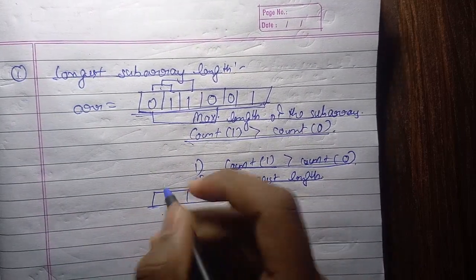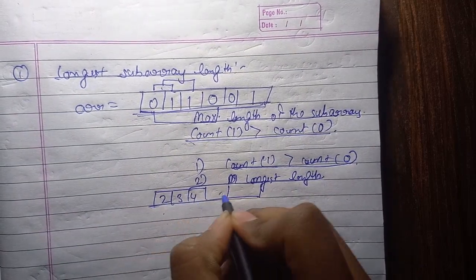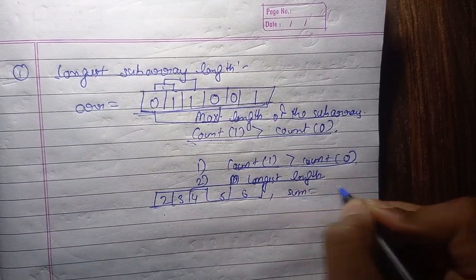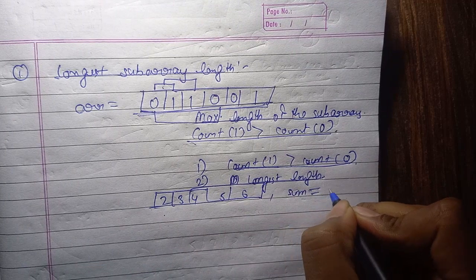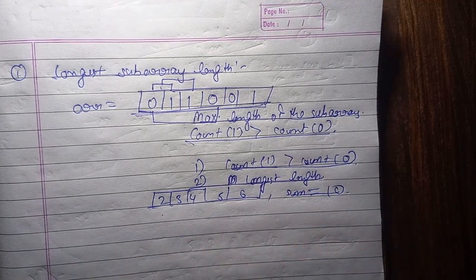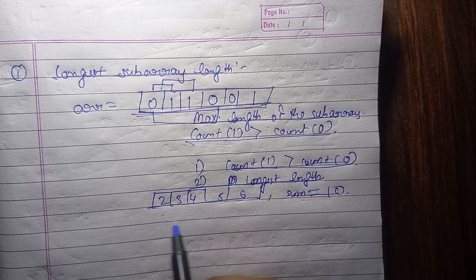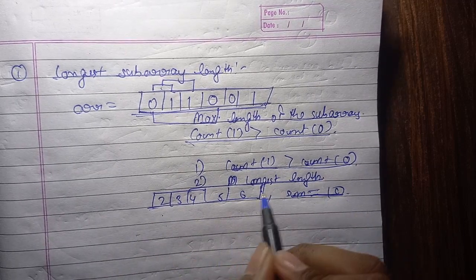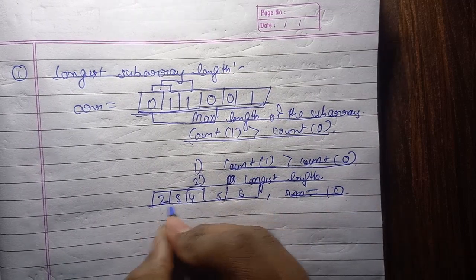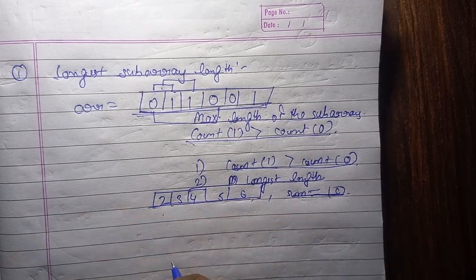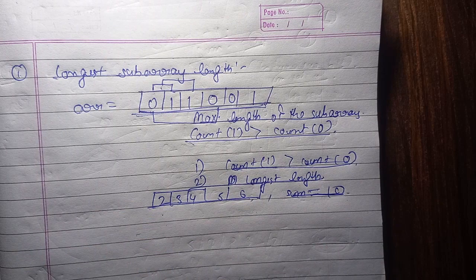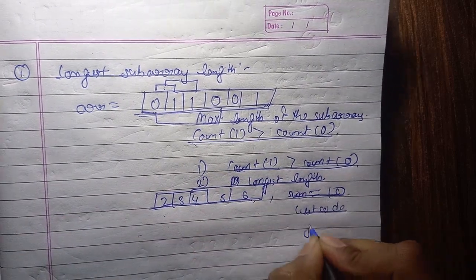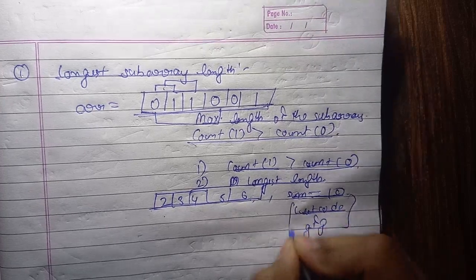Let us suppose I have given an array like 2, 3, 4, 5, 6, and I have given a sum also, which is 10. Then I need to find the length of the longest subarray which has sum equals to 10. This is a very standard problem on LeetCode and GFG, and we can easily solve it.